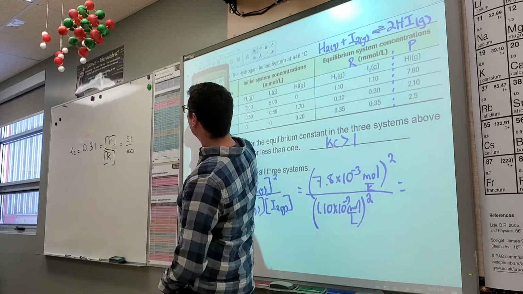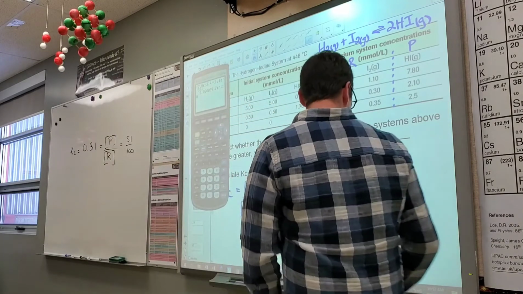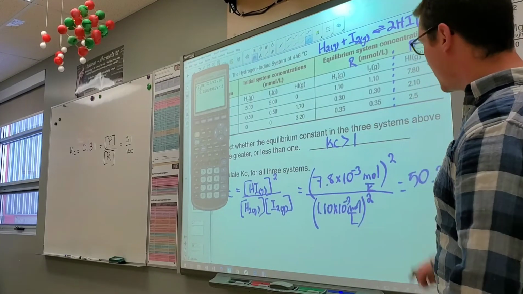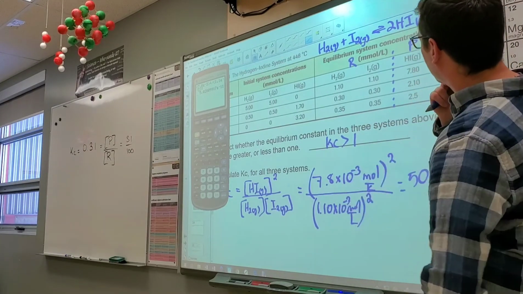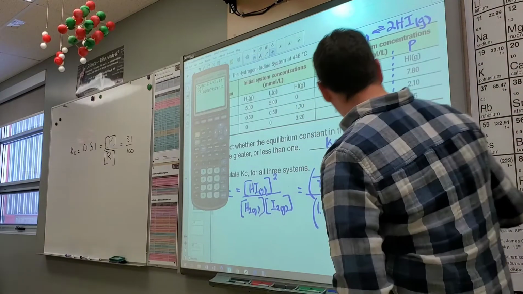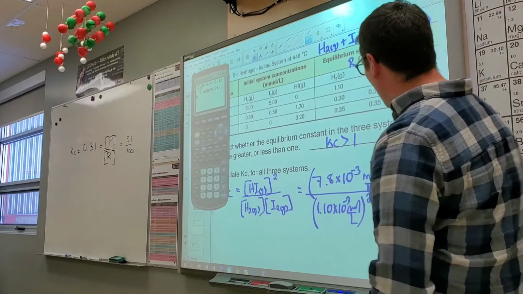What should it be? It should be 50, right? 50.2. Man, that's weird. 50.2, or if we round it to the correct number of significant digits, it should be 50.3. Okay, perfect.